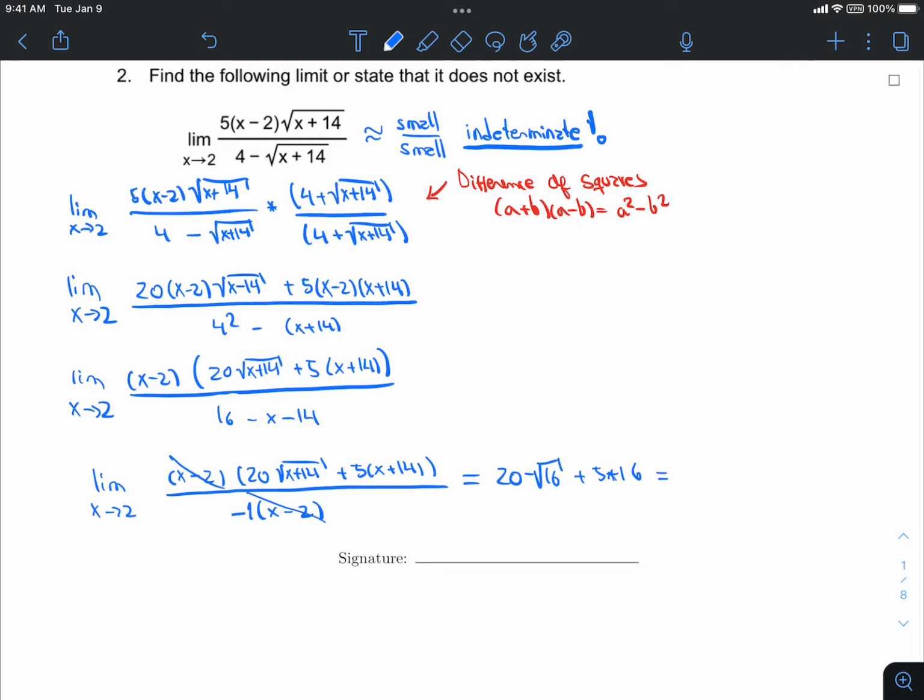So that will be 20 times 4, so 80. And 5 times 16, I think that's also 80. So that's 160. Sorry about the small mistakes, but this is the answer. And this is how you solve this type of problem. As long as you know what you need to do, you can get this one done quickly.